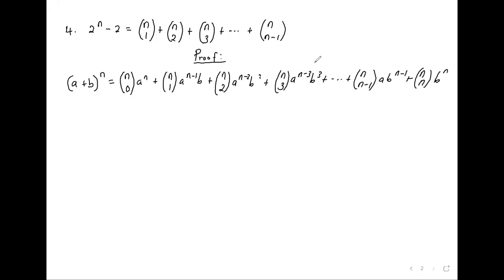So now you're comparing this binomial theorem with the question. What can you see in the question which you can see in the binomial theorem? So far, I can't see A and B on the right-hand side of 2 to the power n minus 2. After the equal sign there, I can only see n choose 1, n choose 2, when actually here I have n choose 1 times ab, n choose 2 times ab, n choose 3 times ab.